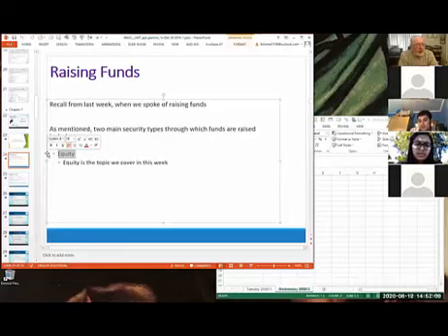Often the company will get started by inviting people to invest in the company, to buy the shares.